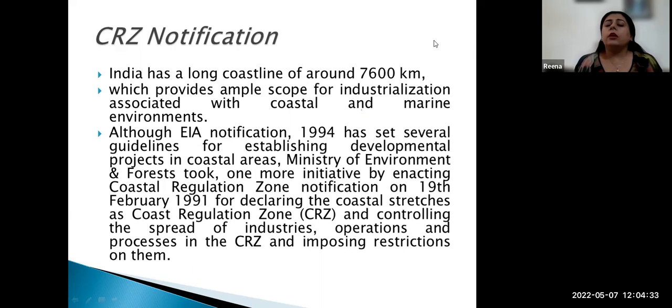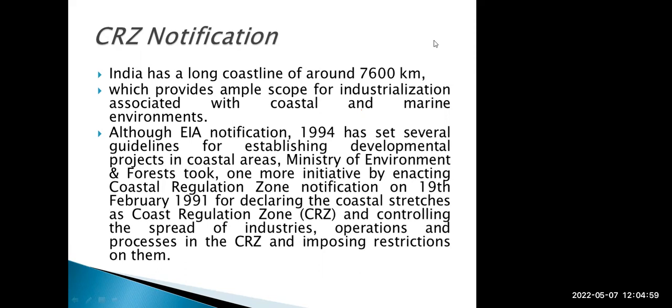And then you have to control the spread of industries in this zone, because these are very sensitive areas. Coastal zones are very sensitive in terms of the rich biodiversity of fauna and flora existing in these zones. So this came into the EIA notification of 1994, and it has several guidelines for establishing development projects in coastal areas.